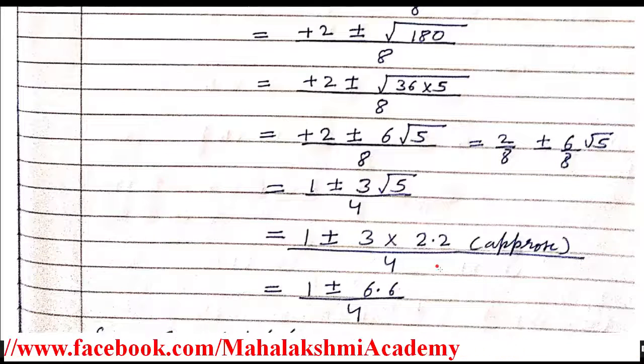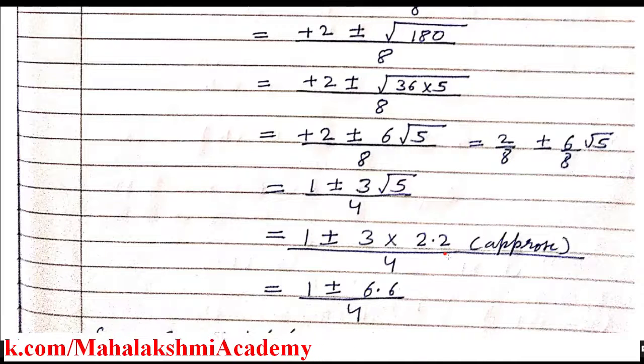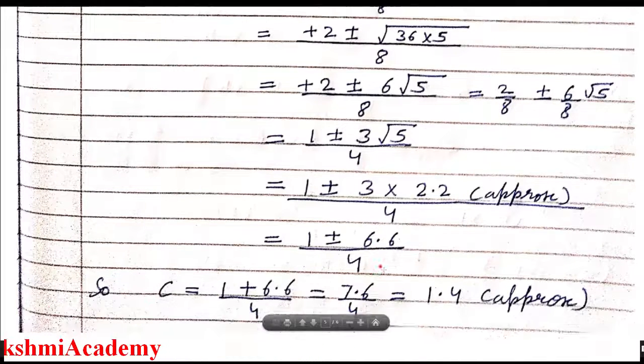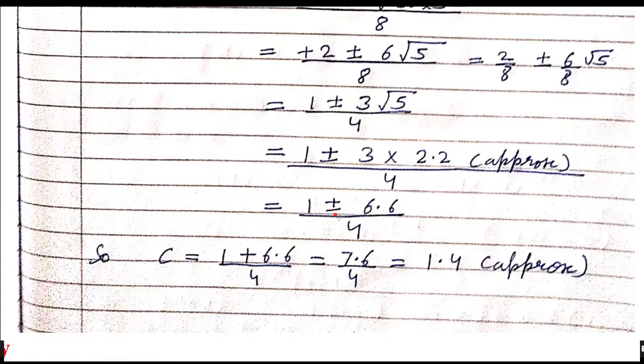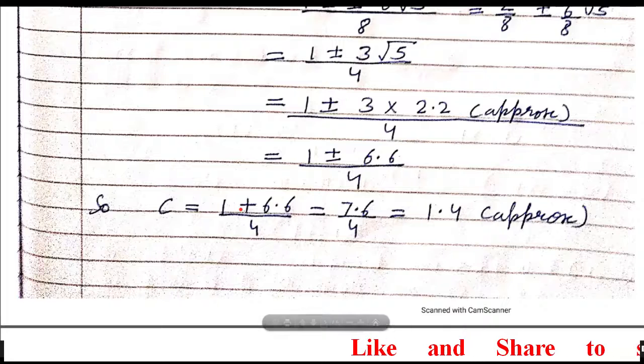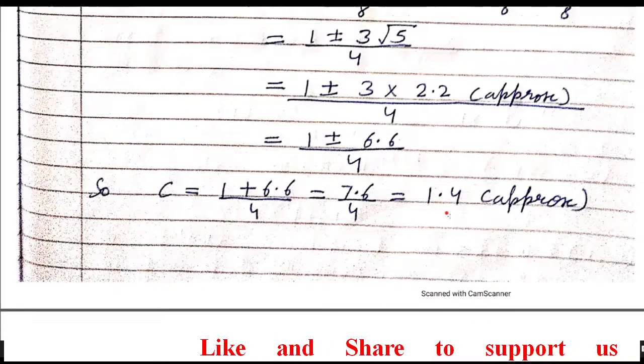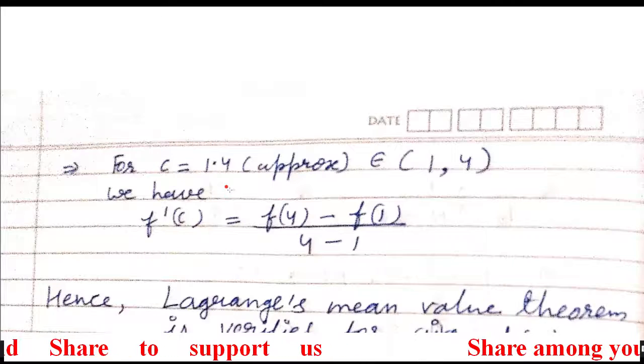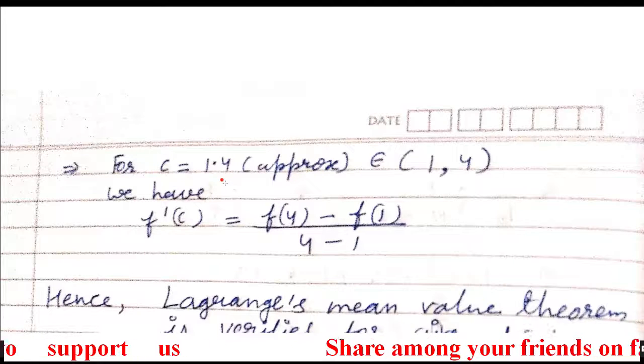Now here root 5 is approximately 2.2, and when we multiply we will get here 6.6. So here plus minus both are possible, but if we take the plus sign in between, that will give us 1.4 which belongs to the open interval. That's why we will not take the negative value.